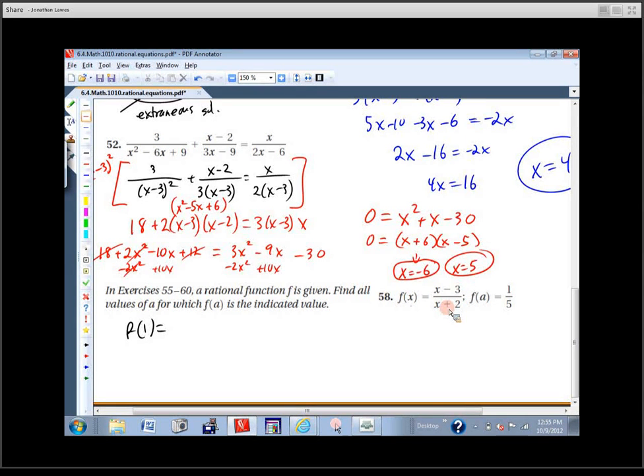Right? Okay? So what is f of a? Wherever there's an x, what do we put? So this is a minus 3 and a plus 2. That's what f of a is. If you plug in an a, it should be this.